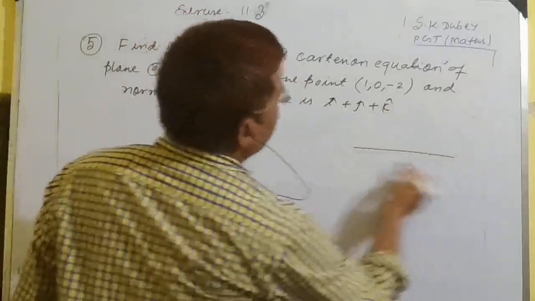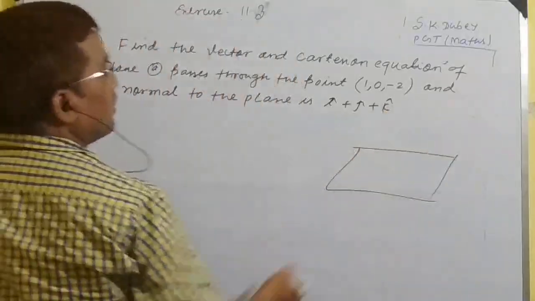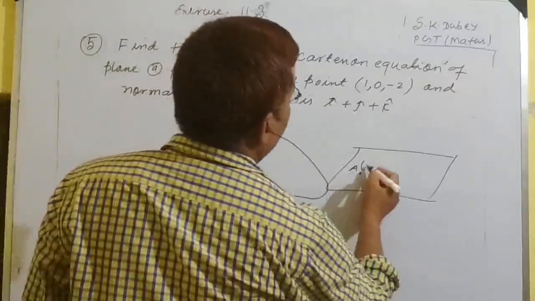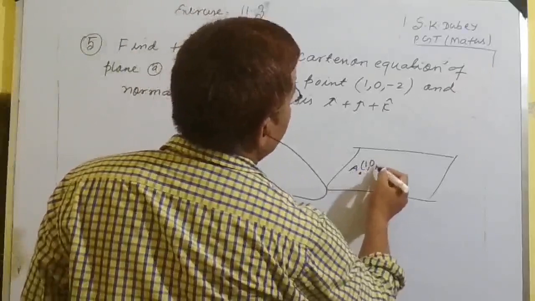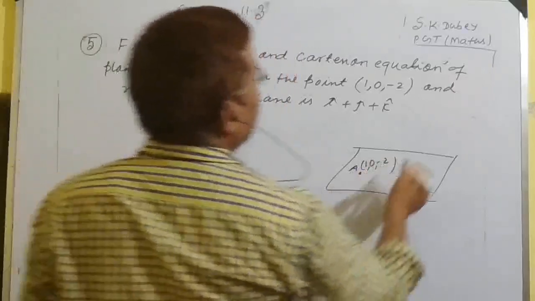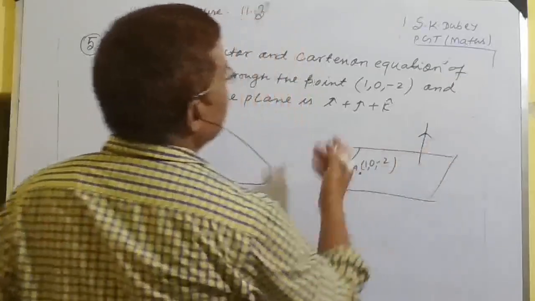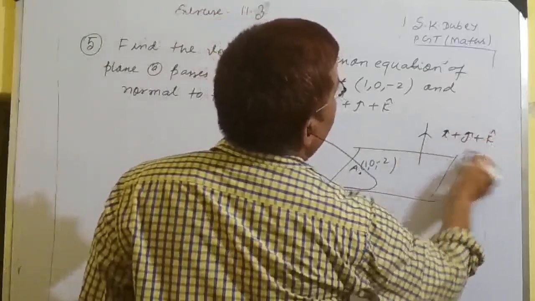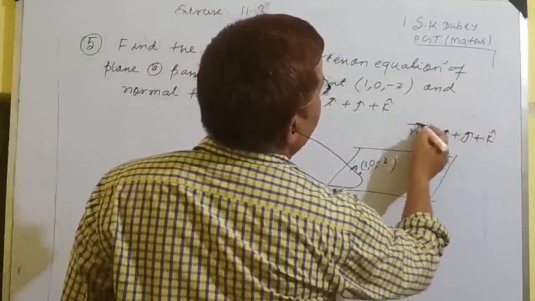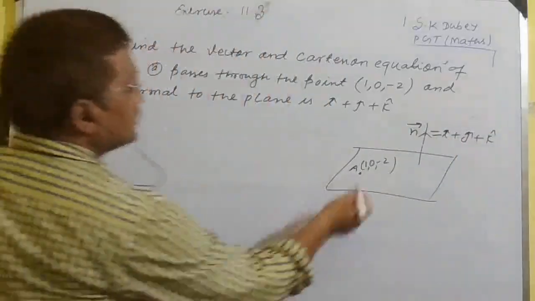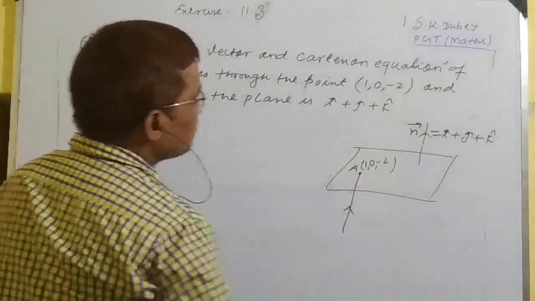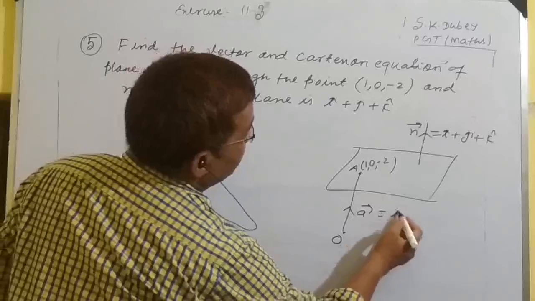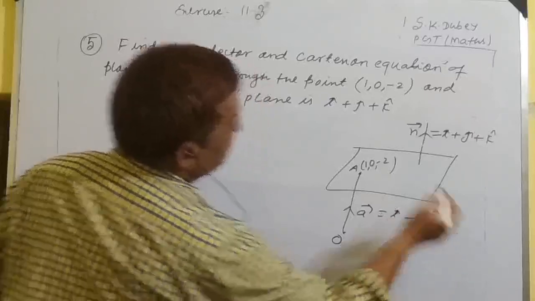We have to find the plane which passes through a given point 1, 0, minus 2, and a normal vector, a vector perpendicular to the plane, is i plus j plus k. Let this be vector n. This point is given, hence the position vector of this point will be i minus 2k cap.